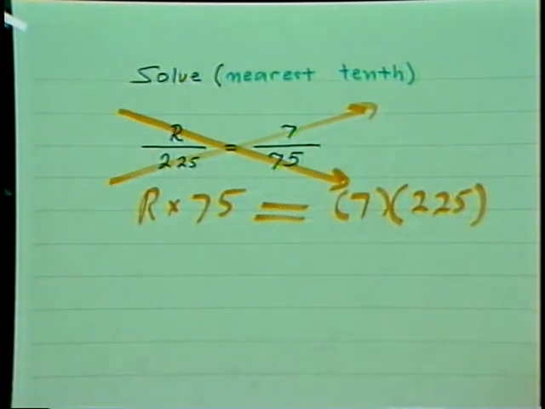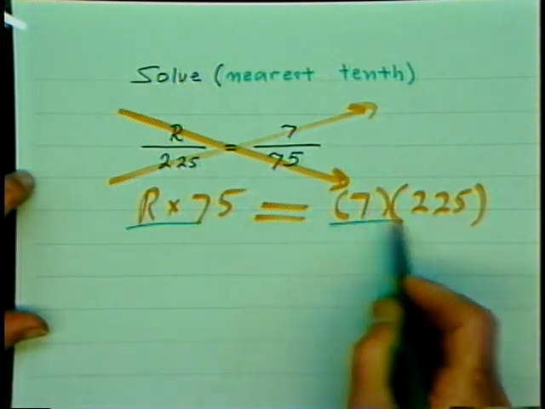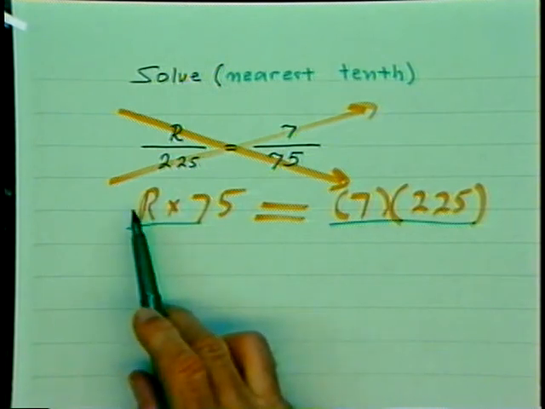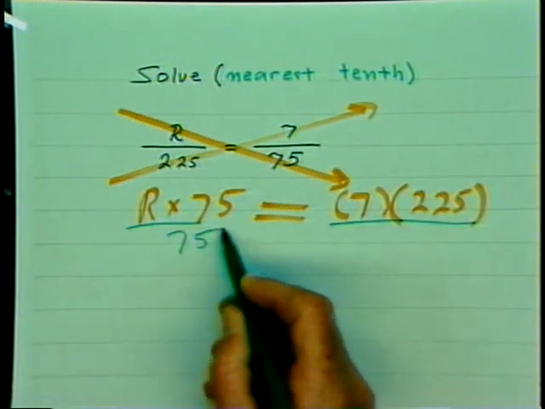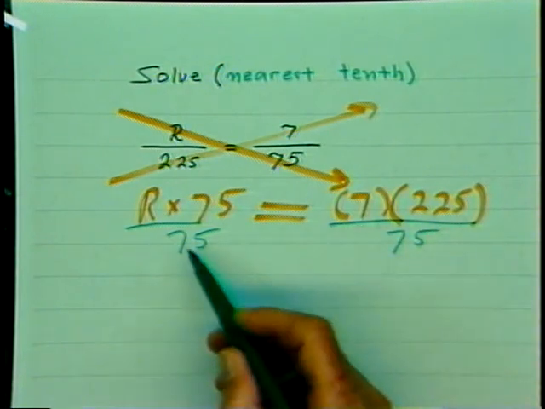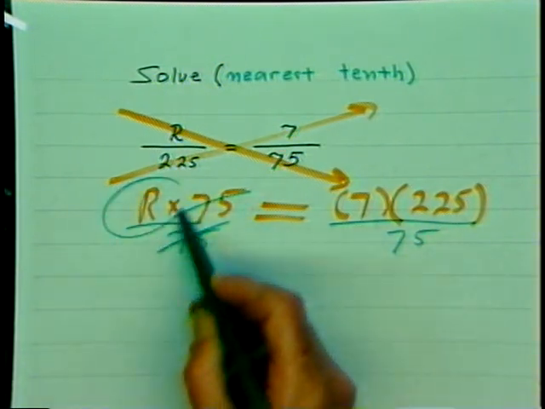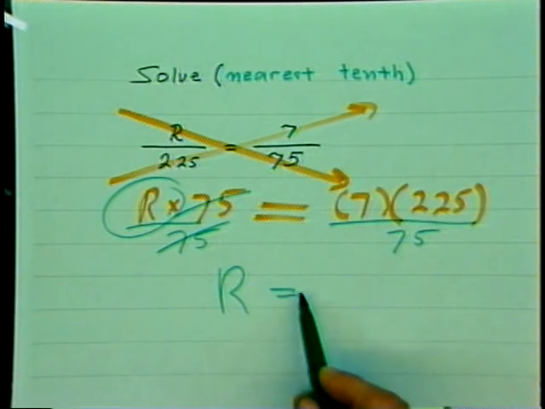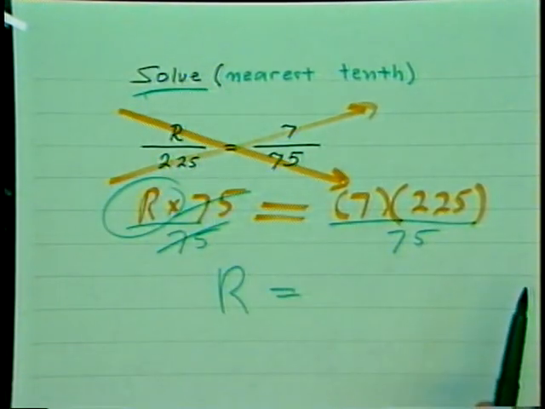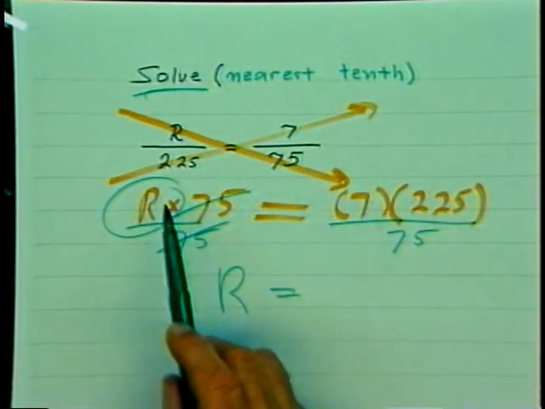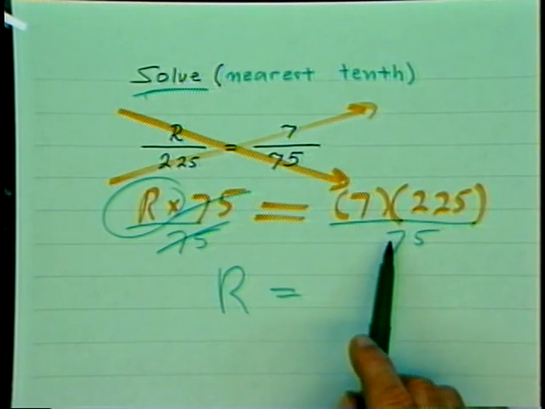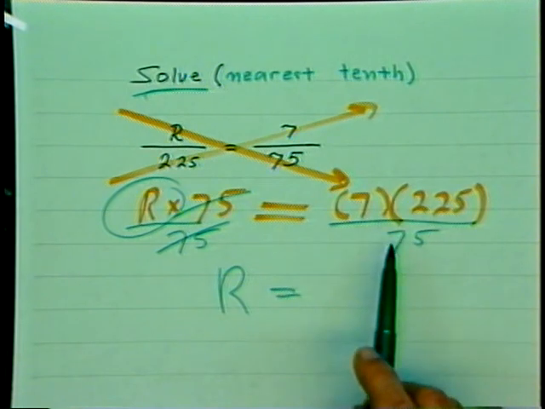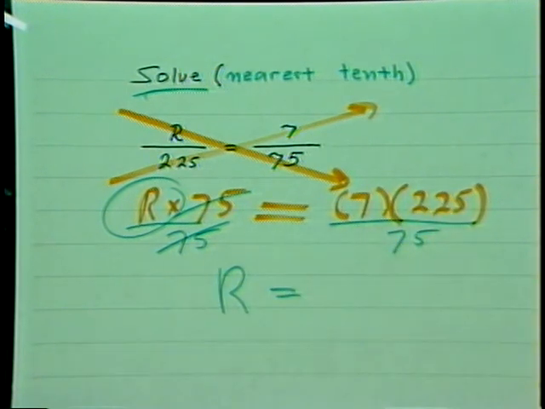Then finally, divide both sides of that resulting equation by the multiplier of the unknown wherever it is. And of course it cancels out here, isolating the unknown, which is what we mean by solving in algebra. And the reason we didn't do the multiplication but just showed it, is because it might happen that there are cancellations that can be done, which would save us a lot of work.